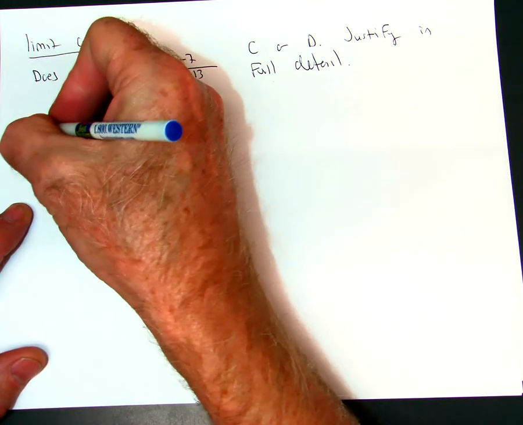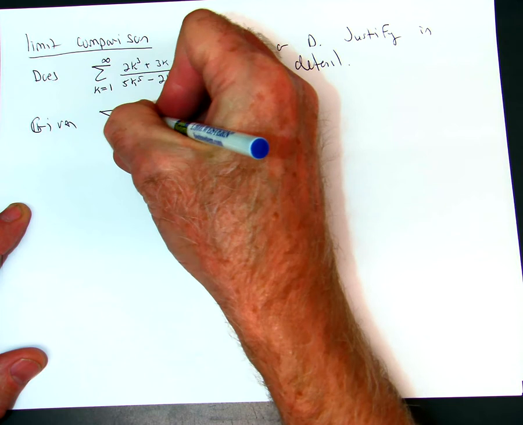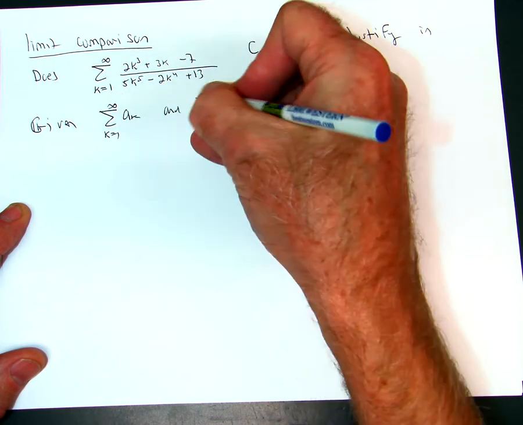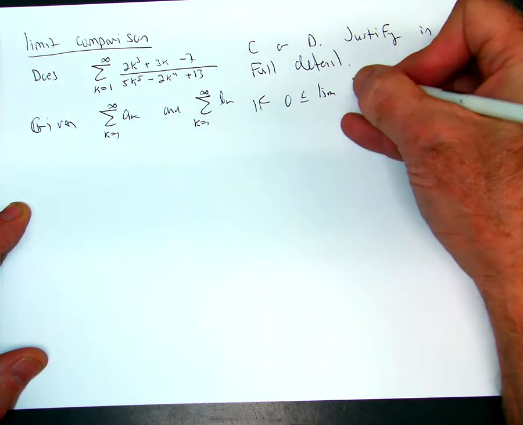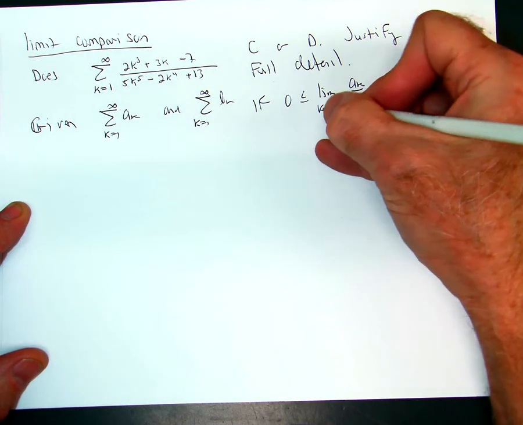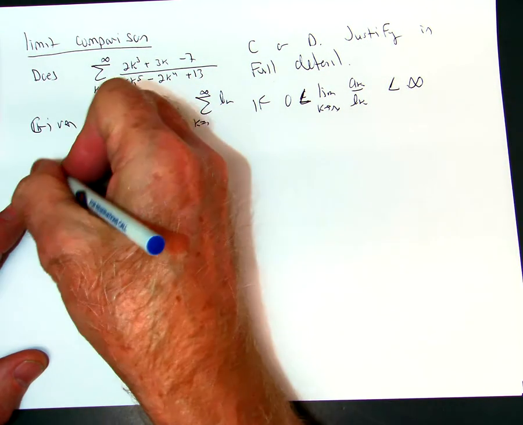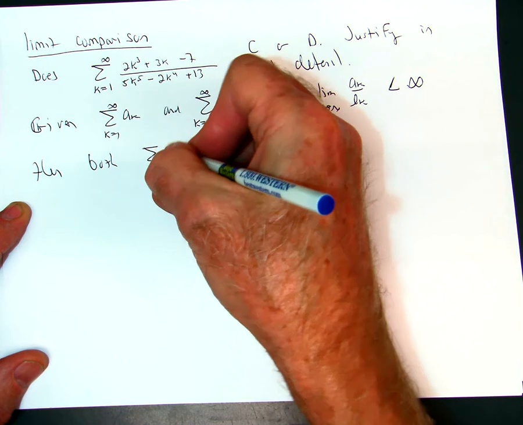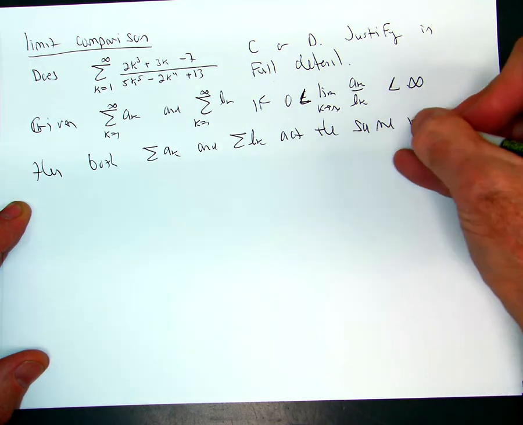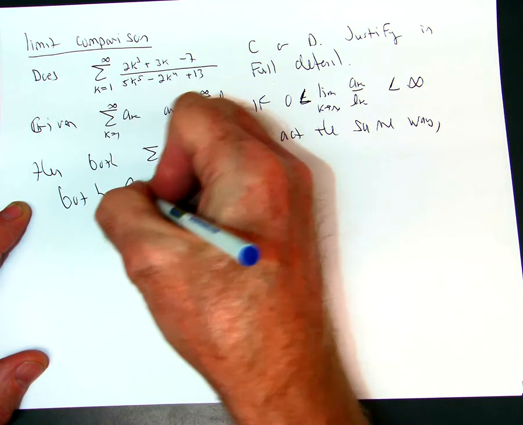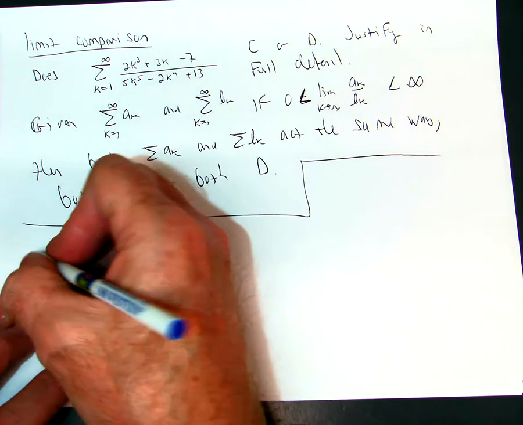So remember, the limit comparison says that if the given series AK and BK, if the limit of AK over BK is greater than 0 or finite, in other words, between 0 and infinity, then both AK and BK act the same way. They both converge or both diverge.